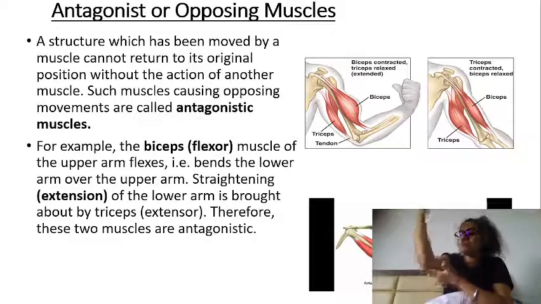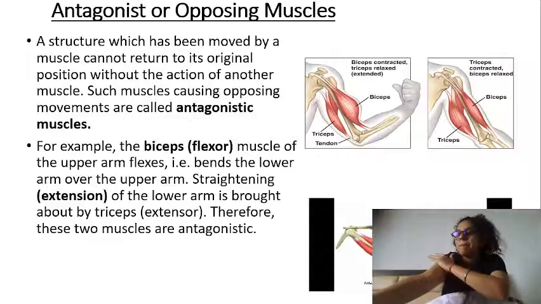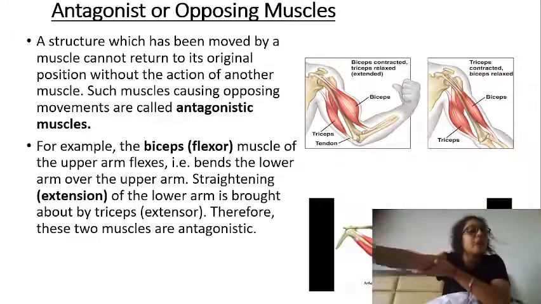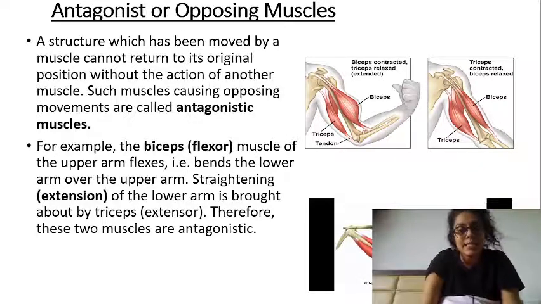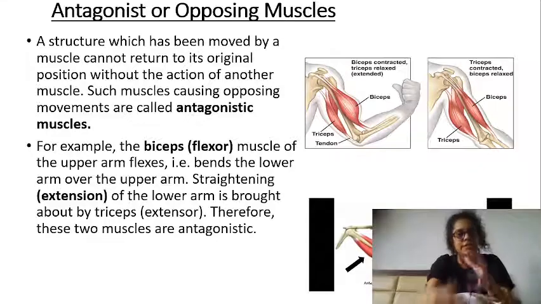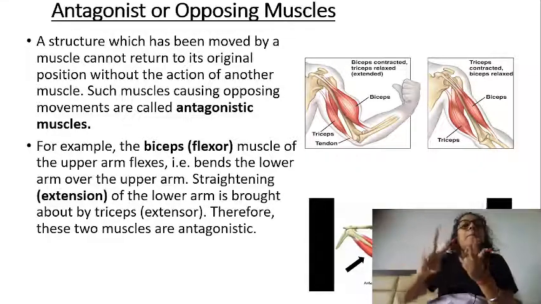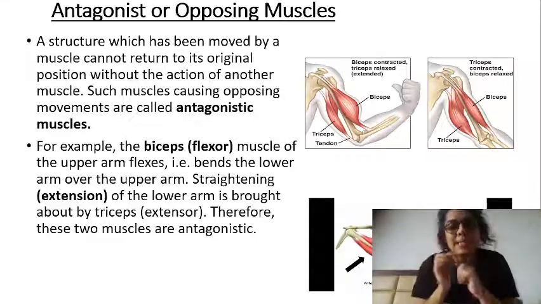Whereas when we go back to the original position, the biceps is relaxed and the triceps is contracted. So the upper part is biceps and the lower part is triceps, and both are working in an opposite manner. We call that antagonistic muscles.